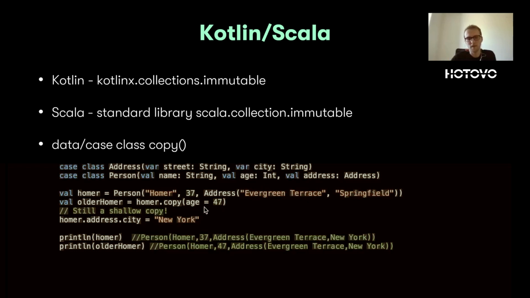If I did that, even though olderHomer is a copy of Homer, if I change the address, it changes for both of them, because the address field is copied, the reference is copied, but it's the same object. But imagine if you used just immutable properties in all of the object graphs, then the copy method would actually mean that it's safely copying the structure.